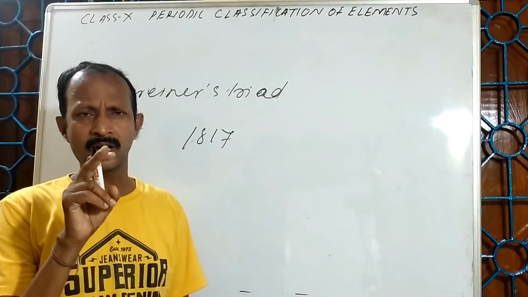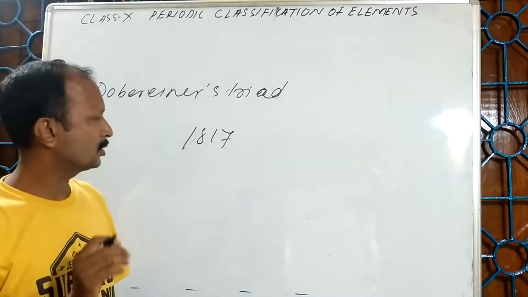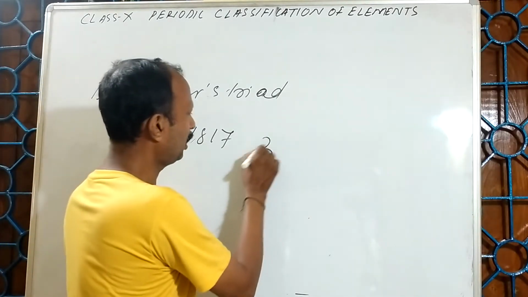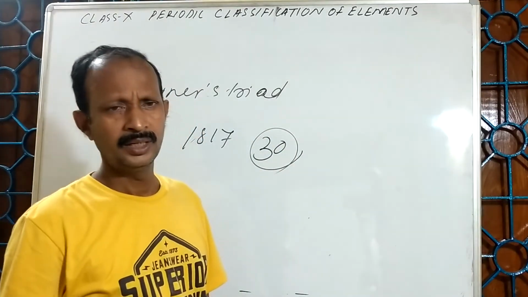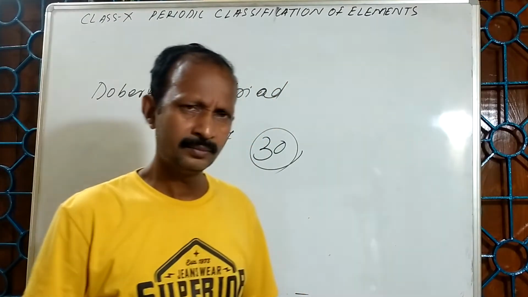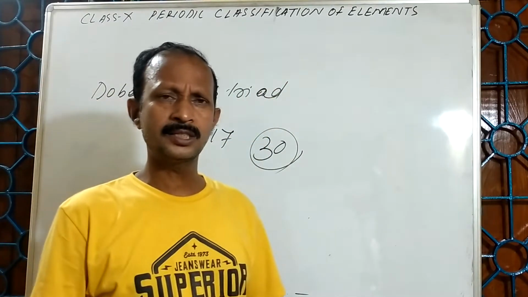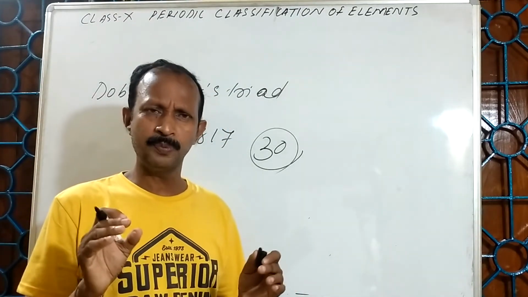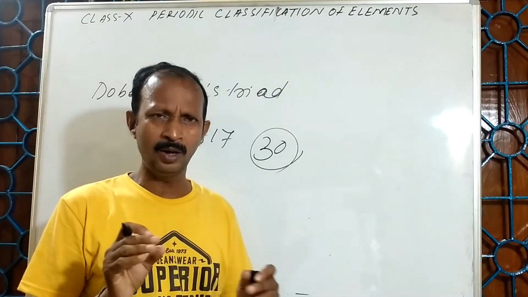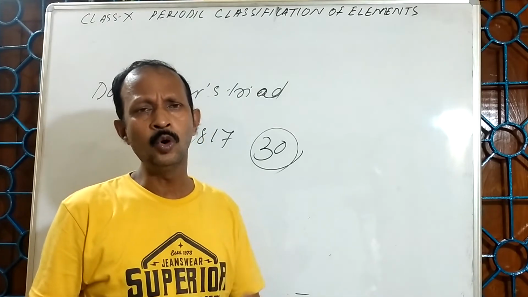When Dobereiner tried to classify the elements, about 30 elements were discovered. He observed that some elements have similar properties, and it is possible to keep all those elements having similar properties in a group.